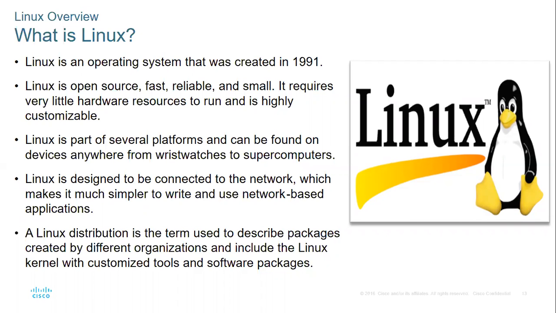So an operating system has to be fast and reliable. It has to be small, meaning that it requires only little hardware resources to run. When you say hardware resources, we mean the CPU, which is the processor, the RAM, and others. Okay. So Linux is used everywhere now. Linux is used starting from wristwatches up to supercomputers, as you can see.